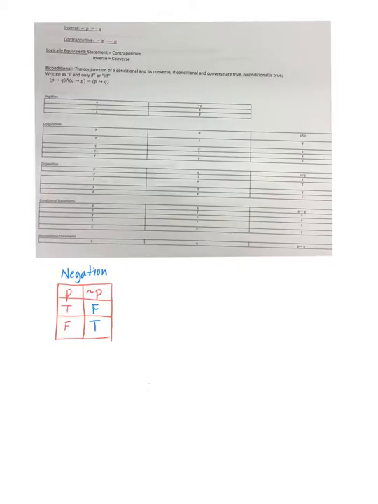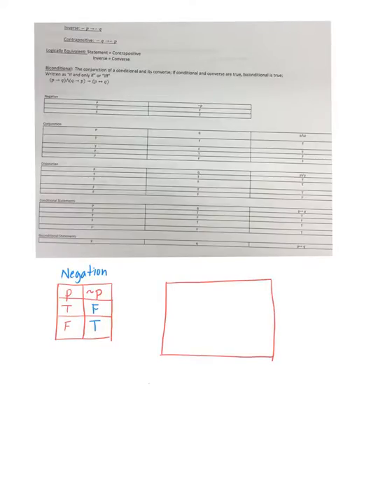Okay? Now, the next two truth tables I want to show you, you're going to have to memorize. So we're going to use P and Q this time, and this is more like we're going to see from here on out. Okay?